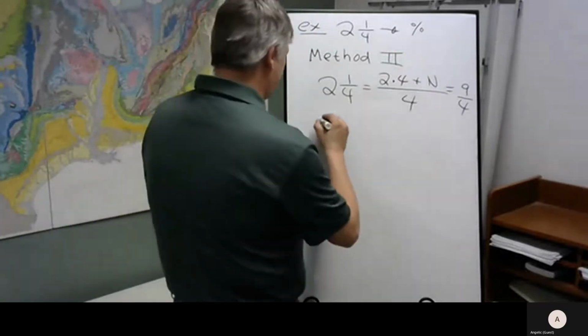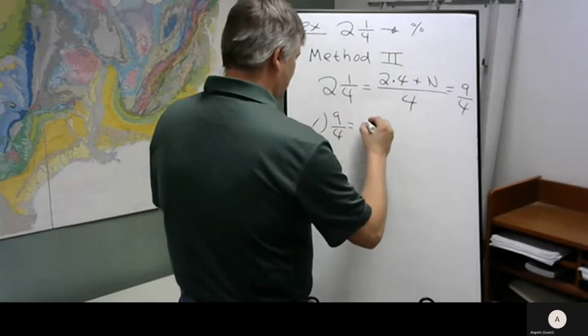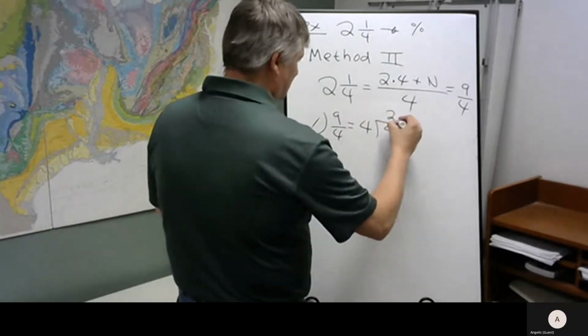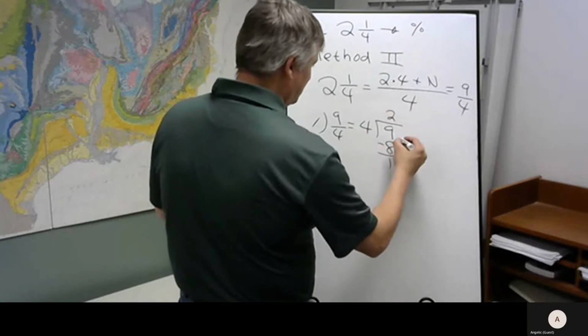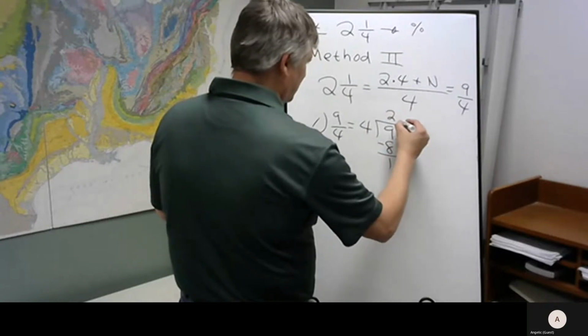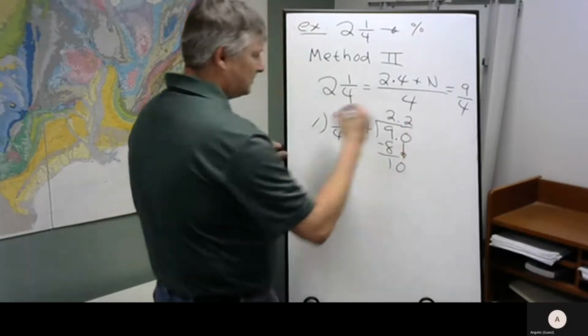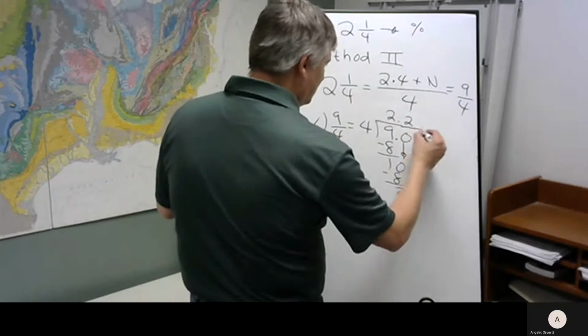Then we divide. 2 times 4 is 8, subtract is 1. Add in a 0. 2 times 4 is 8. Subtract is 2.